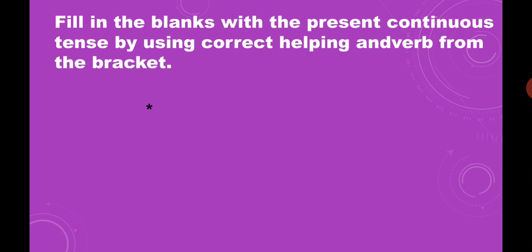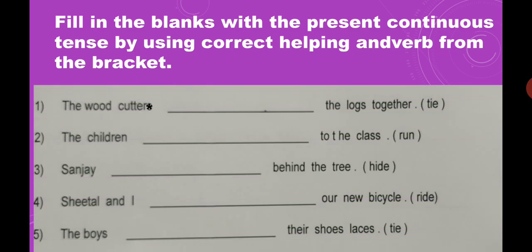What is the next exercise? Filling the blanks with present continuous tense by using the correct helping verb and verb from the bracket. Let's see the exercise. Here also we have given five sentences, and after the sentences we have given the bracket. But what will we have to do? We have to write the helping verb according to the noun.